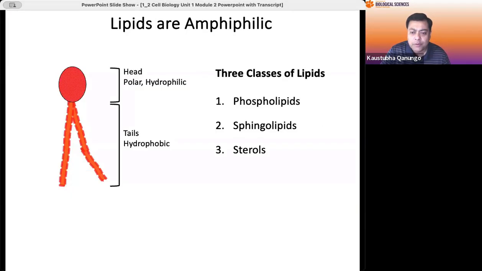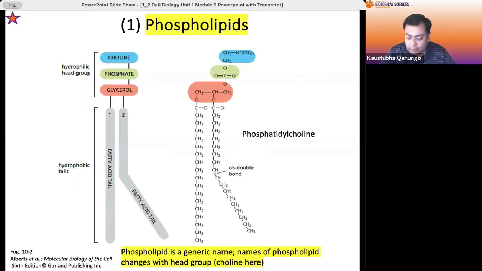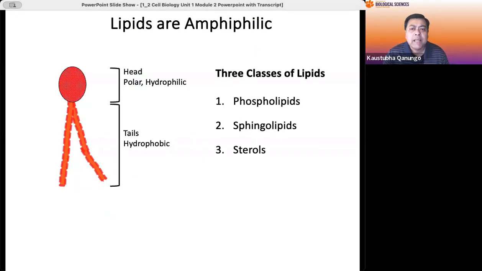So let's go into a little bit of detail about that. Depending upon how important the material is, I will spend more or less time on it. So here, just to know that the lipid is what we call amphiphilic. Similar to amphiphilic, you also see a word which is amphipathic, and both of them can be used interchangeably.